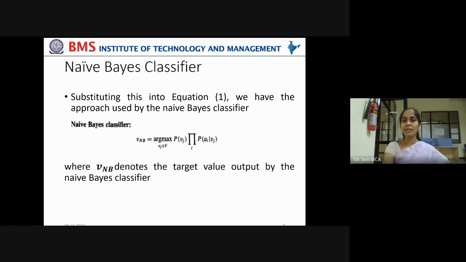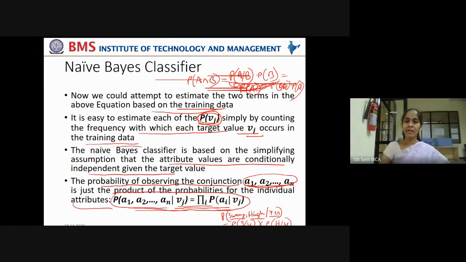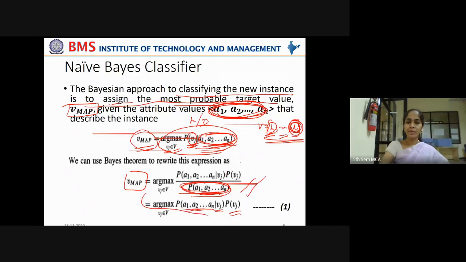Now substituting this into equation 1. What is our equation 1? This one. V MAP equals argmax of probability of observing all these attribute values given the target value multiplied by probability of the target value.